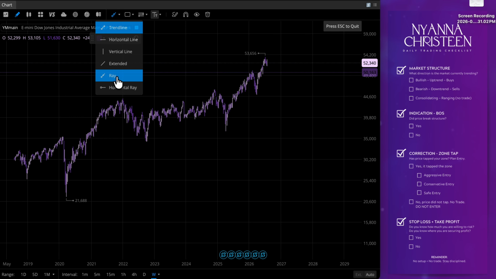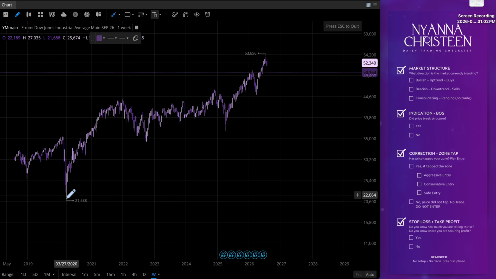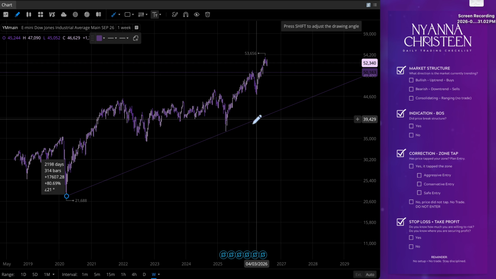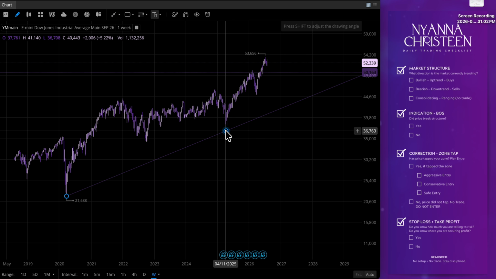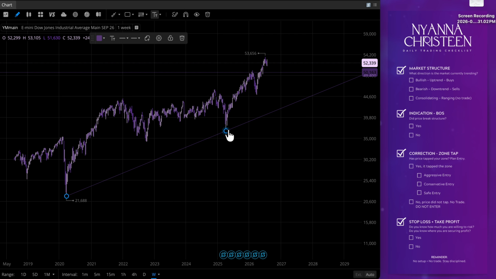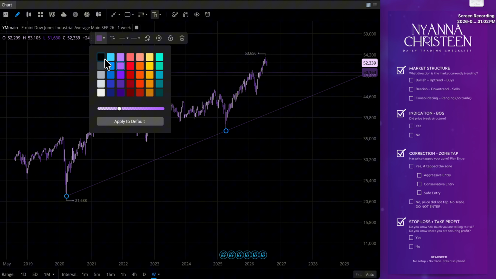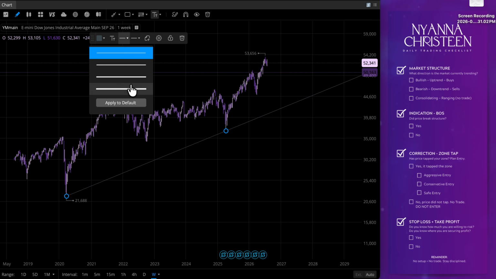So overall, this is the lowest price has been, and this is the last respected higher low. So price is overall on an uptrend. I'll make it thicker so y'all can see it.